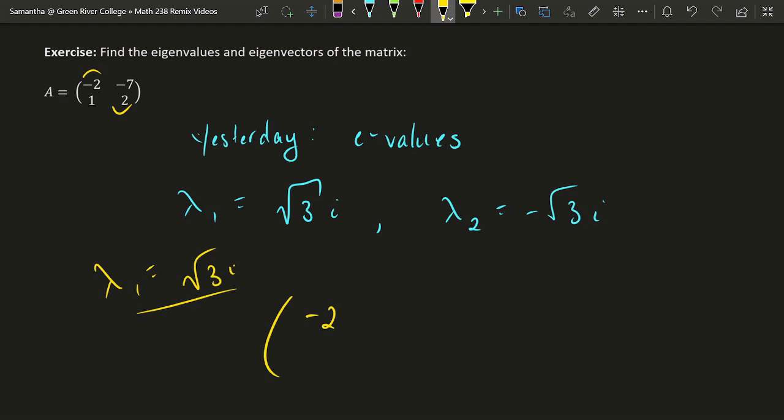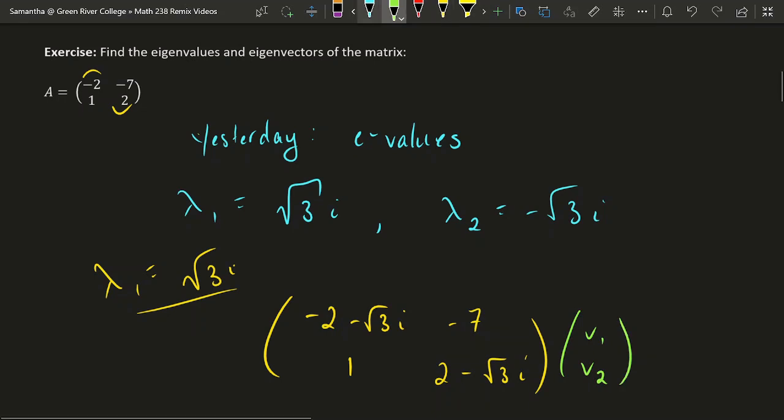So -2 minus root 3i, -7, 1, and 2 minus root 3i. My task is to find a vector v1 and v2, which when multiplied by this matrix transforms into the 0 vector.